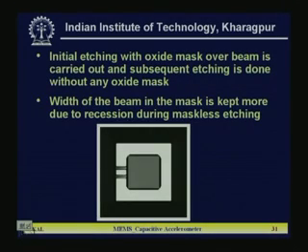The width of the beam in the mask is kept more due to recession during maskless etching. So you have to think a little more about how the maskless etching is used. No mask is required to get the flexure at the center of the cross section. That has been explored and it can be done. We have seen now in our laboratory this kind of etching is practiced, and I hope within a few practices we will be able to get a similar kind of structure.